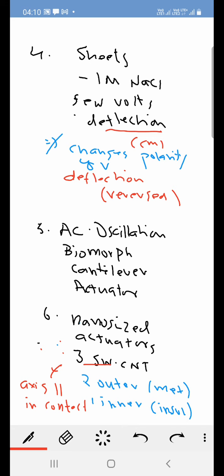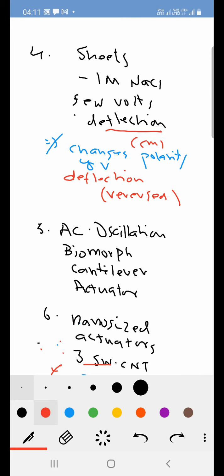Now, the resonant frequency associated with the vibration of these carbon nanotube based actuators: this is the clamped one.